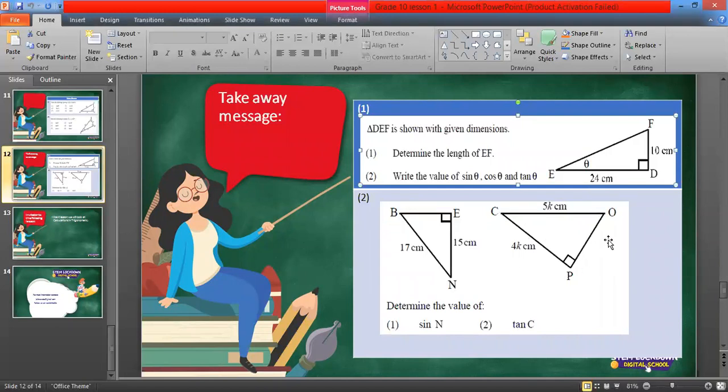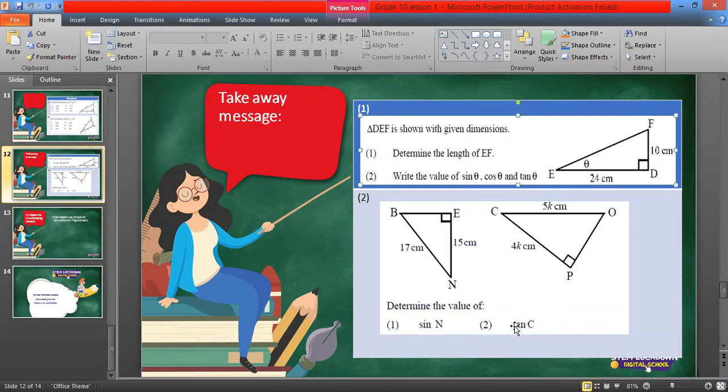To find tan c, the same thing. This one I've got 5k, and this one is 4k. So we're going to find the value of PO also in terms of k, and once we get the value with k, from there you can find our tan c.